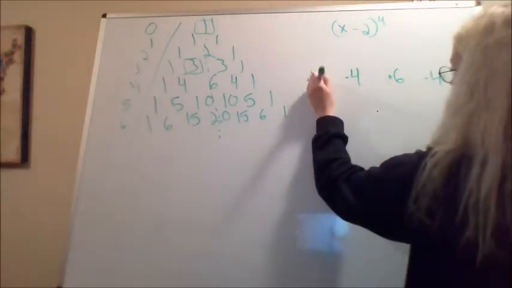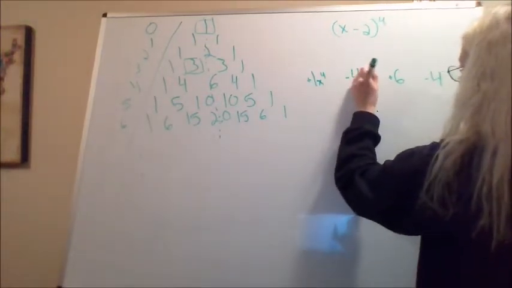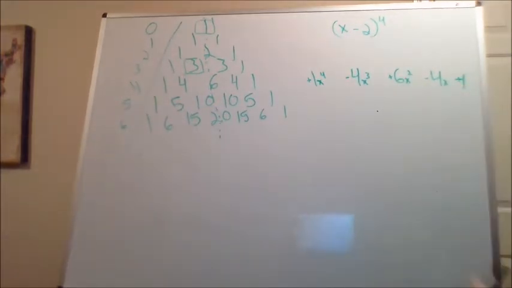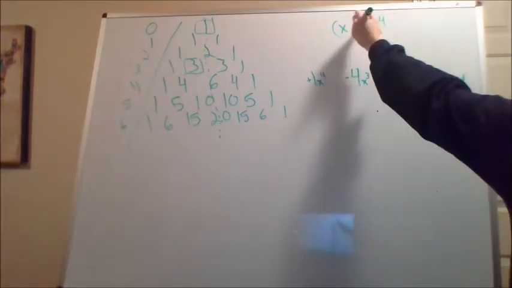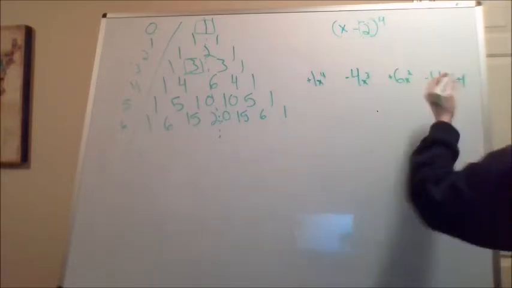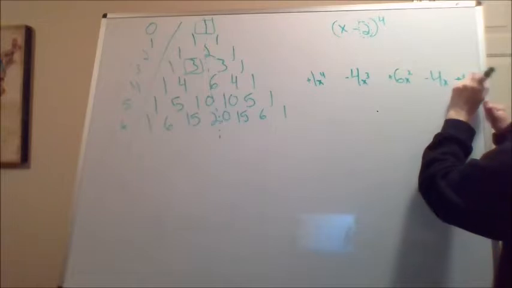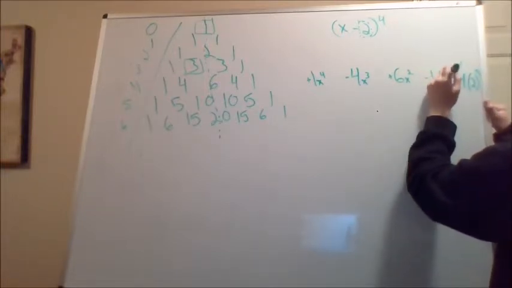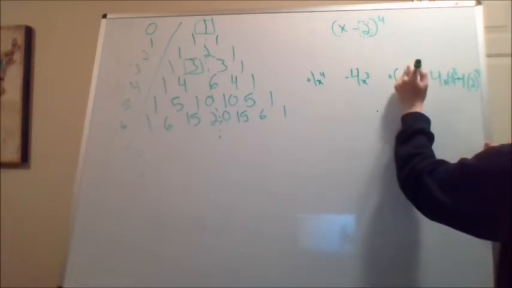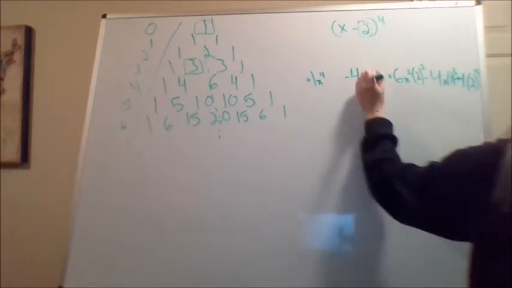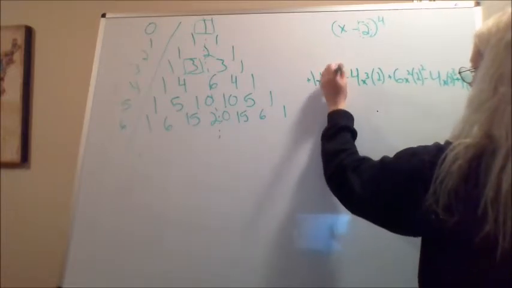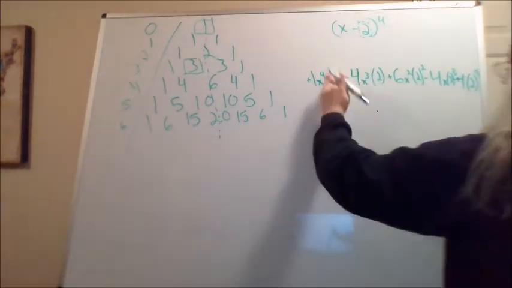Next, we go x to the fourth, x to the third, x squared, x to the 0 is just 1. Next, we take the 2 here, just the 2, not the negative, and go the opposite way: 2 to the fourth, 2 to the third. Sorry if you can't read my writing there. 2 squared, 2, and 2 to the 0, which is just 1.